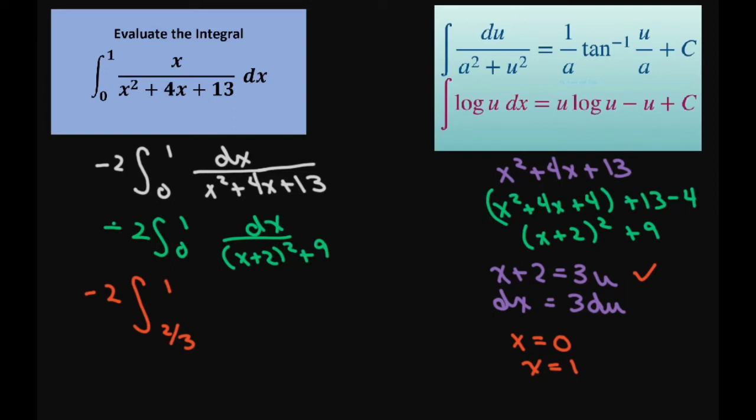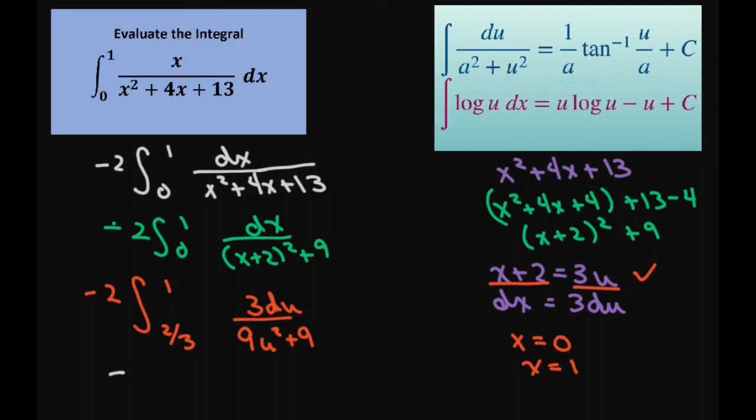Now let's do the substitution. dx is 3 du, and x plus 2 is going to be 3u. So that's going to be 9u squared plus 9. Forgot the du there. All right, so when you integrate this one, I'm going to pull this out.